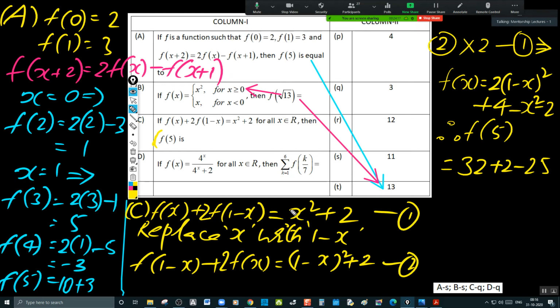We are adding or subtracting? No, we are multiplying 2 by 2. Yeah, you are right. So this is 3f of x. So this is also 3f of 5.